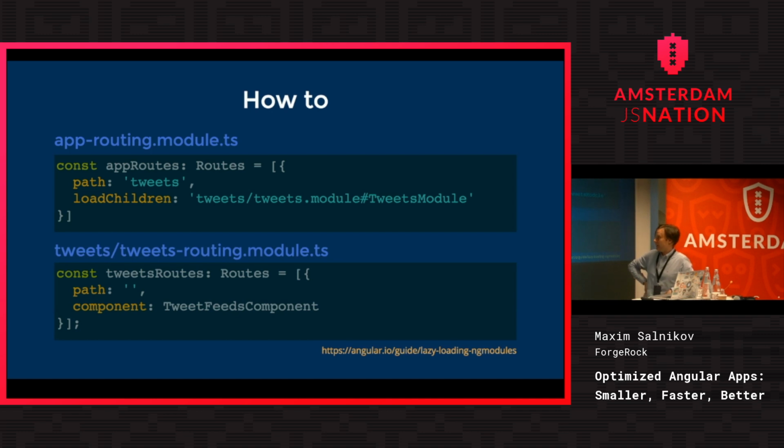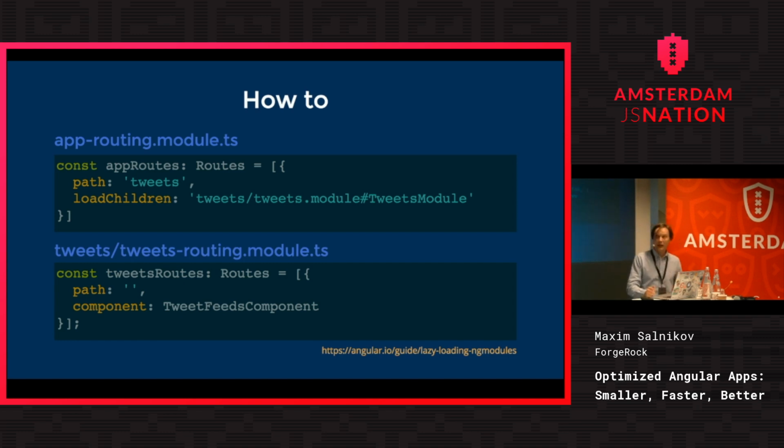In its turn, in the routing module of the tweets module, we can have our own navigation, which will be sub-navigation. So if we specify in this path something like card, then after typing or clicking to tweets/card, we will load specifically this component from our lazy loaded module.